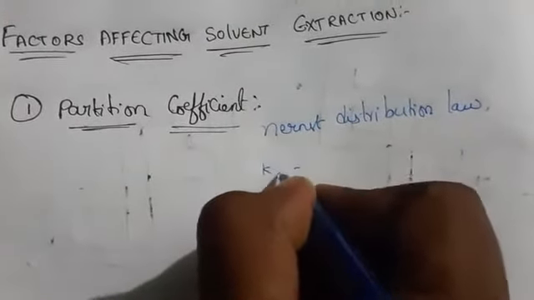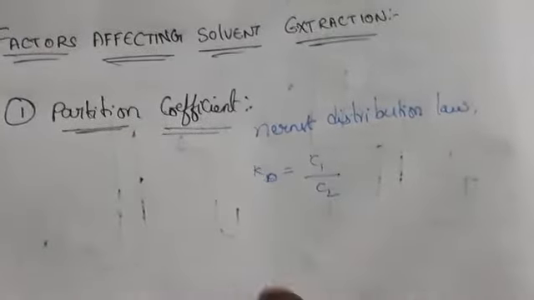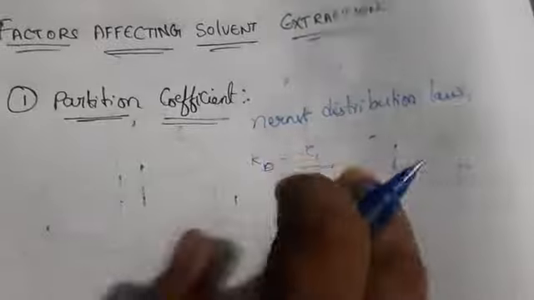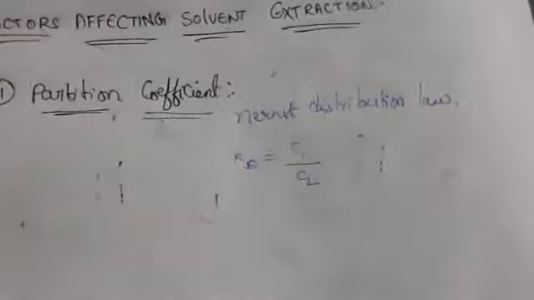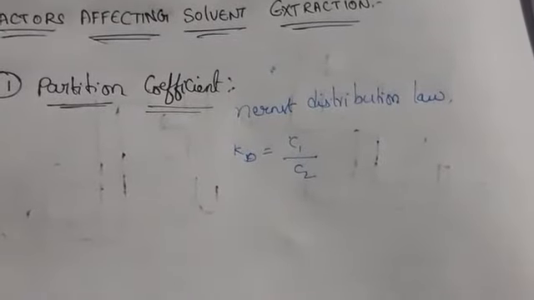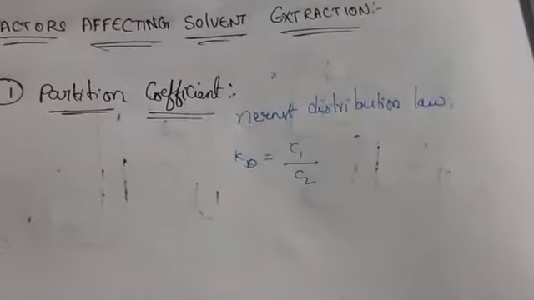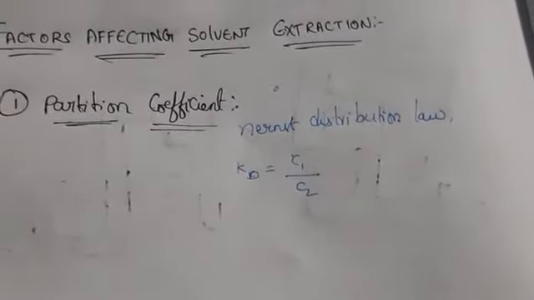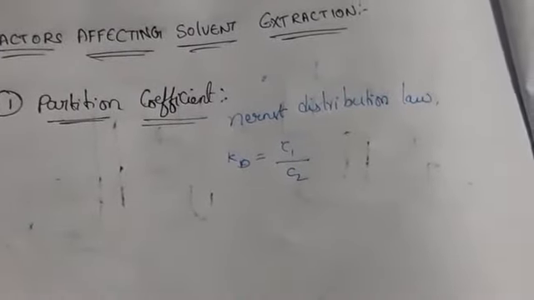The ratio of the concentration of phase 1 to the concentration of phase 2 at equilibrium is constant at constant temperature. We call it Nernst distribution law. It has certain conditions like association, dissociation, and the chemical molecule acting as a solvent. So in solvent extraction, how should the value of Kd be?